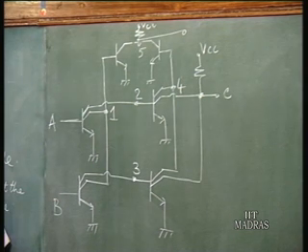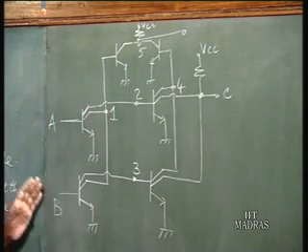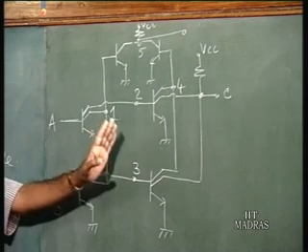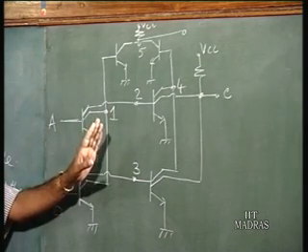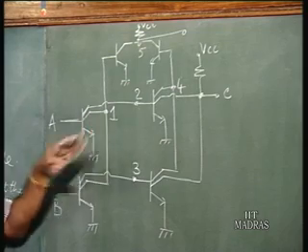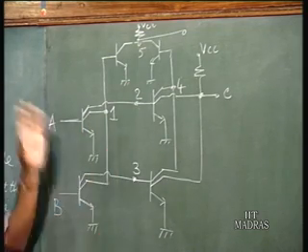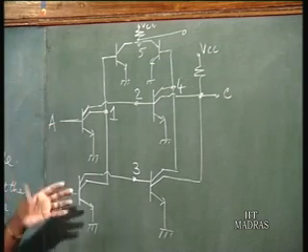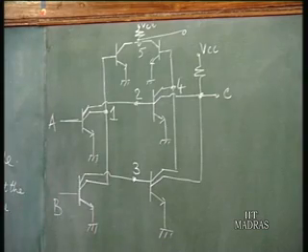Now, once you get this circuit, the next step is finally to go to the layout. And once you have the layout, one can really fabricate it. You have the mask drawing. You generate the mask, that is the regions where you want to diffuse different regions, and then you can go for the mask drawing.